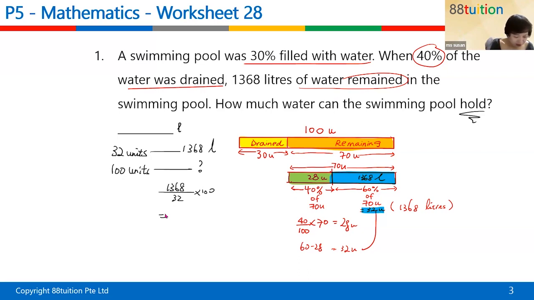So 1,368 divided by 32, you should get 42. 70%, 60 drained out. Sorry, this one is 42, not 32. Okay. So this one is 42. That's where 42 here and 42 here.